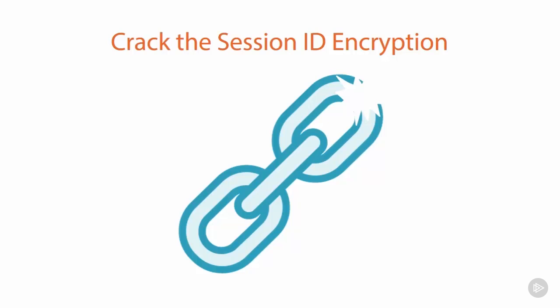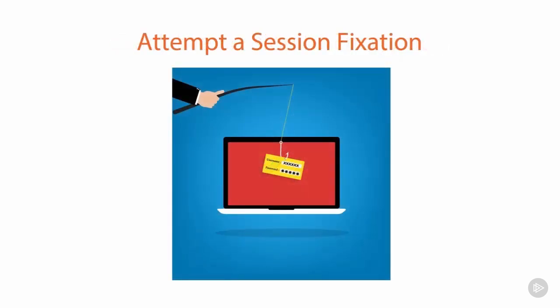Now, the next step, whether or not we are able to crack the session ID encryption, would be to try sending out some phishing emails to users within the organization to see if they'll click on some of the links that you've developed for a fixation attack. Now, if the users actually fall for a fixation attack, it makes our job a lot easier.